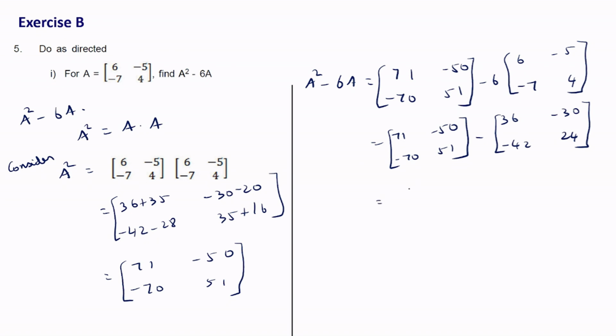So this is 71 minus 36, 35, minus 50 plus 30 minus 20, then minus 70 plus 42 minus 28, 51 minus 24, 27. So this is A square minus 6A.